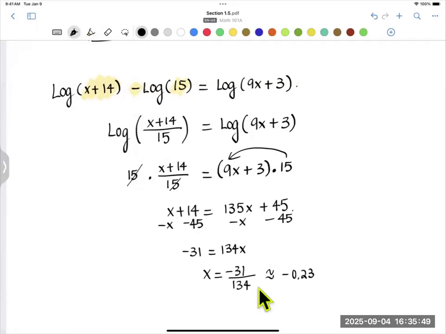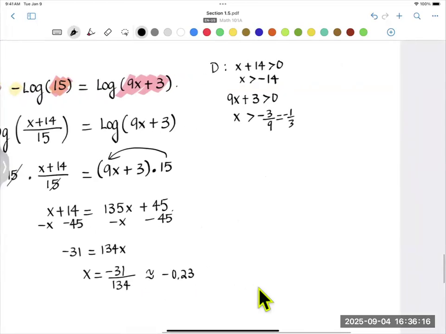The first one gives us the domain x plus 14 greater than 0, so x must be greater than negative 14. The second one is a number, so we don't have to worry. The third one is 9x plus 3 greater than 0, so we have x greater than negative 3 over 9, which is negative 1/3.